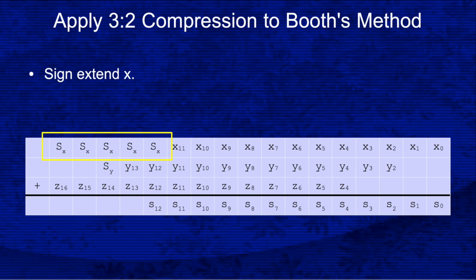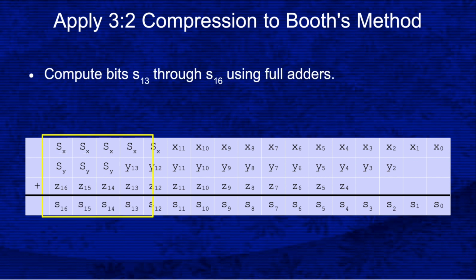In this version of the table, I've sign extended the partial products x and y. To compute the sum bits S13 through S16, we need to use full adders on the sign extended versions of the partial products x and y in conjunction with the partial product z.